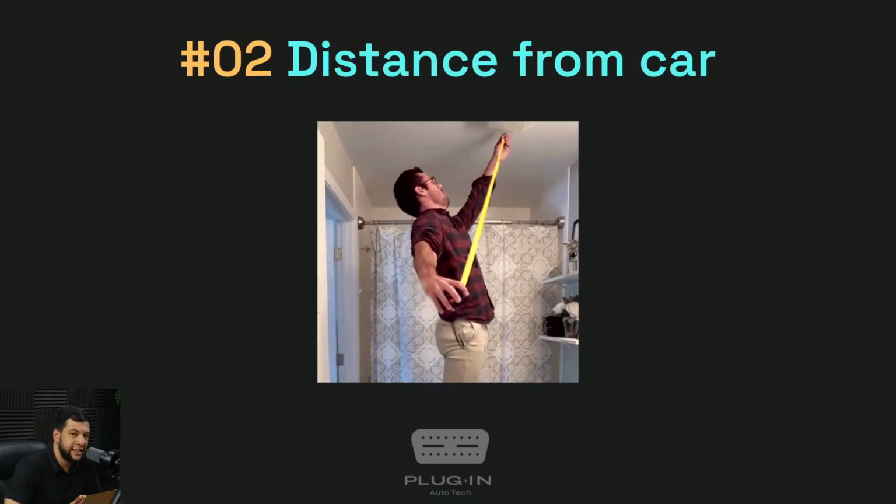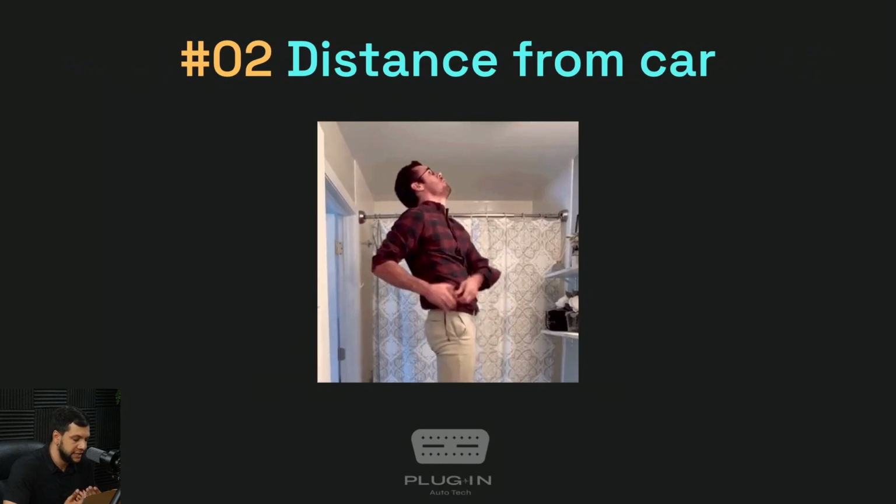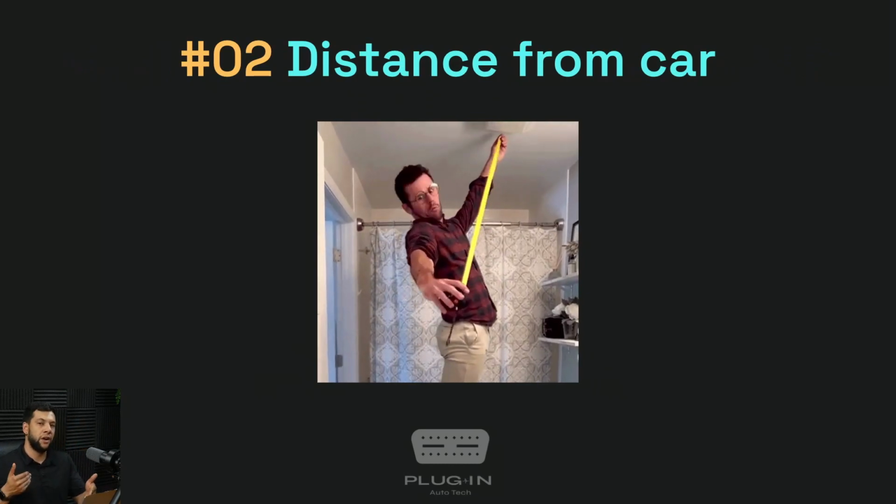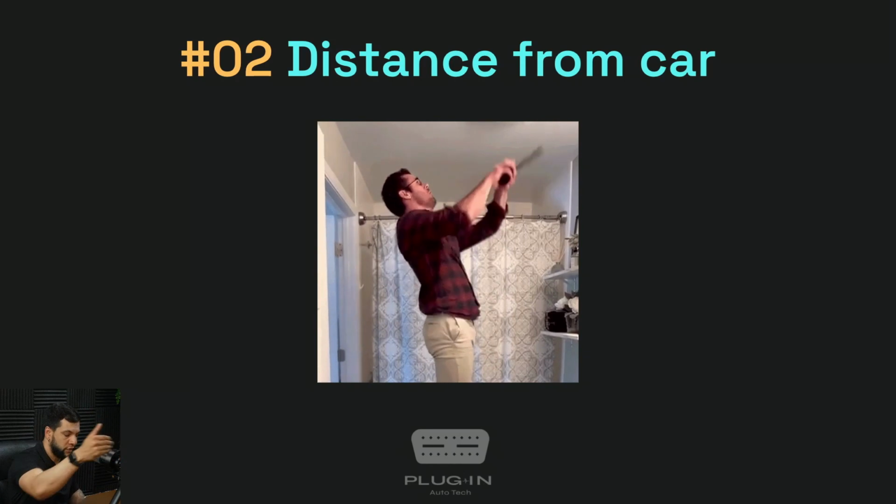So the next step is going to be the distance from the car all the way to the targets. And this is not only making sure that the value you see on the tablet is the same value you see on your tape measure or your laser measure, because different brands will give you different distances from different points of the car.